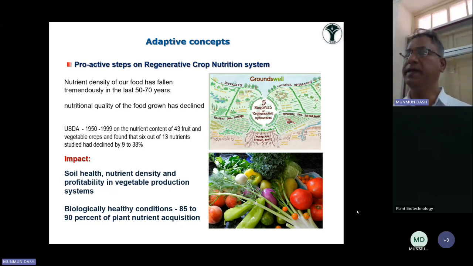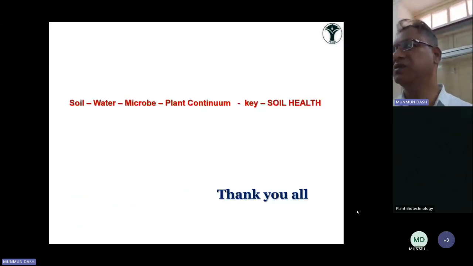The nutrient accumulation in the produce we get is declining, so the nutrient density may require improving the bioavailability. Finally, the key to better soil health is the soil, water, microbe, plant continuum.